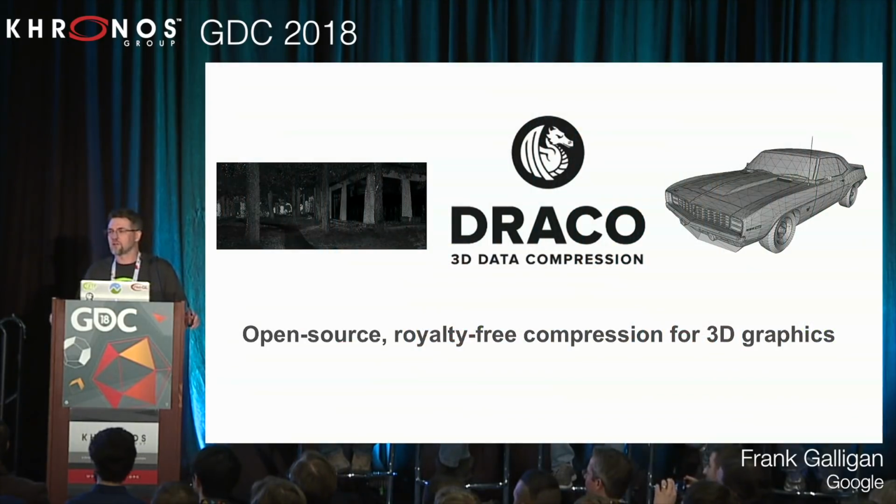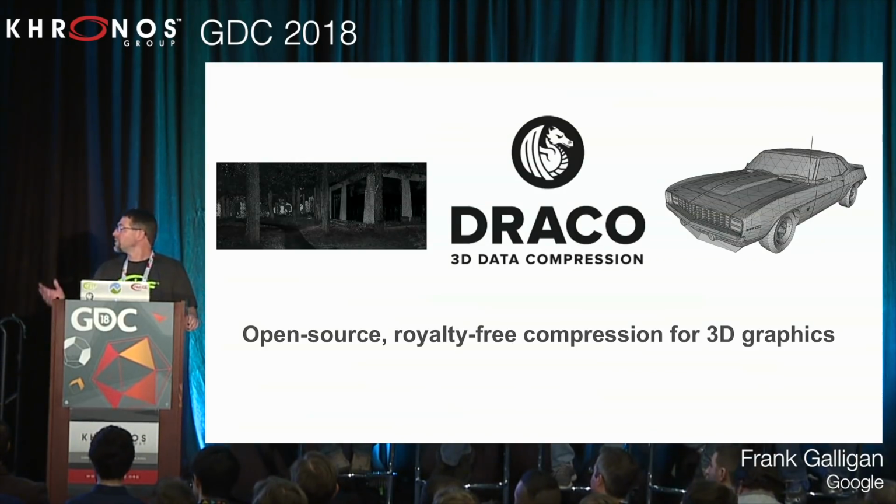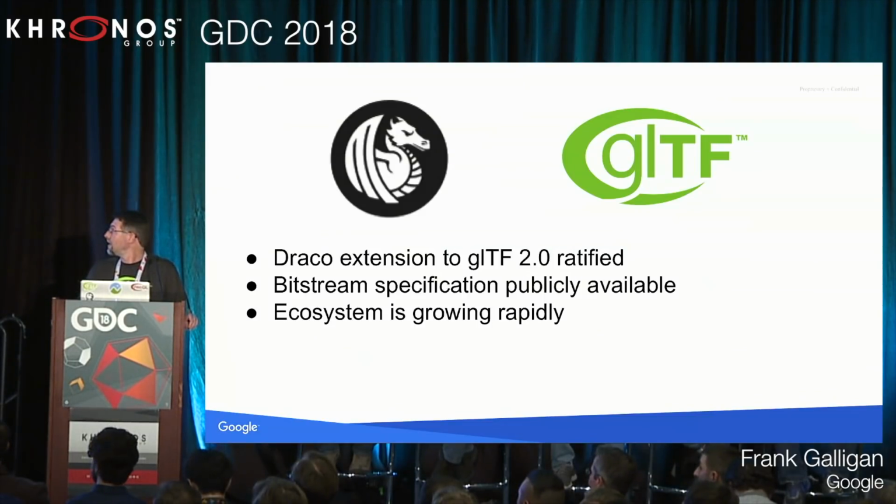Hi, my name is Frank Galligan, and I'm the tech lead for Draco Technology. Draco Technology is a project that we use to compress and decompress multi-dimensional geometry. We open sourced it, the code and the bitstream specification under the Apache 2.0 license, which is a good license.